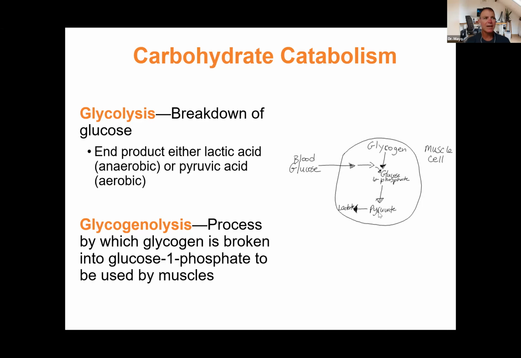Okay, that was pretty quick. Yes, that's exactly right. So with glycolysis we're trying to break this glucose down, and at the end of glycolysis we end up with two molecules of pyruvate, because pyruvate is a 3-carbon molecule. So you end up with two 3-carbon molecules of pyruvate.